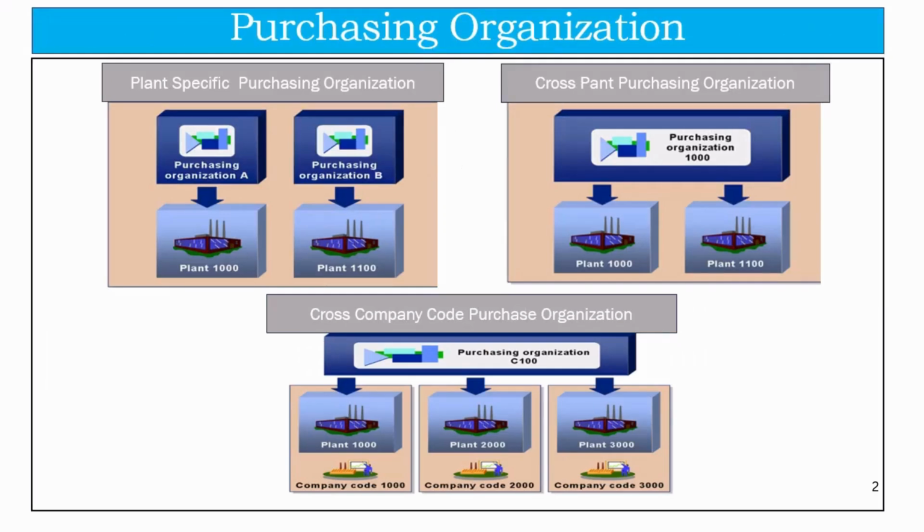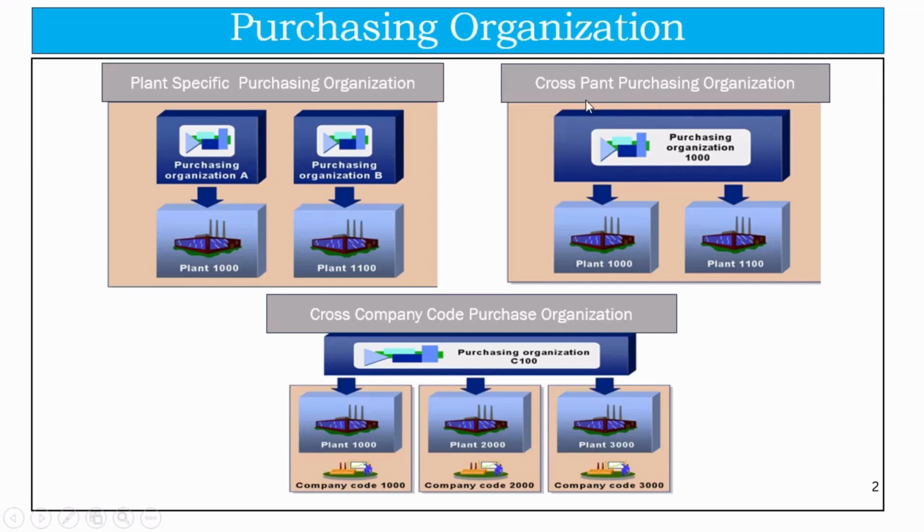Here, see the typical model of purchasing organization: plant specific purchasing organization. Each purchasing organization covers one plant. This is the model. You can have one purchasing organization for one plant, and another plant, another purchasing organization.